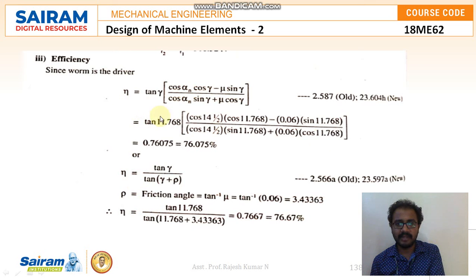From the first formula, 23.604H, I am getting the efficiency value 76.075, and from the second formula I am getting the efficiency as 76.67, almost similar. In the second formula we need the friction angle value, which can be found with the help of the coefficient of friction. Both the values we can compare, or if you are okay with any one formula, that is also fine for the examination. So with this I will be winding up this video. Thank you.